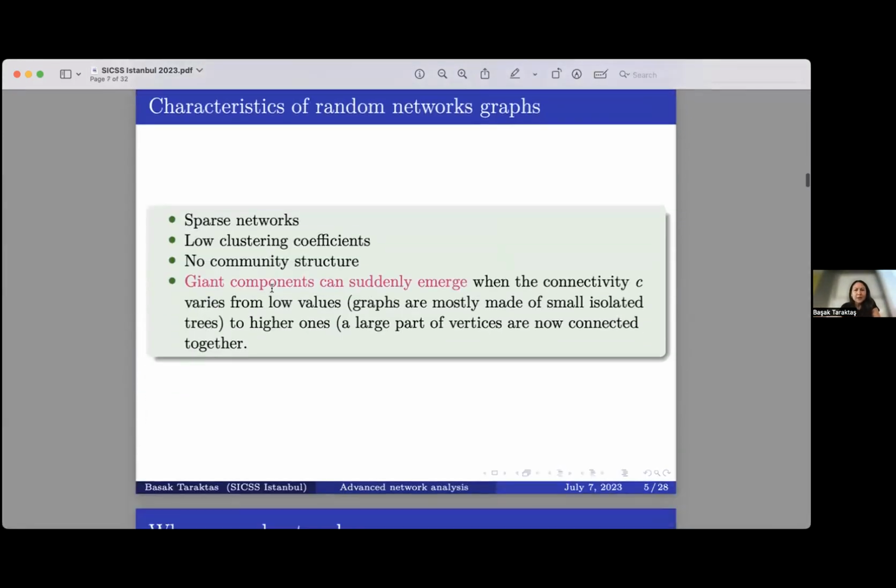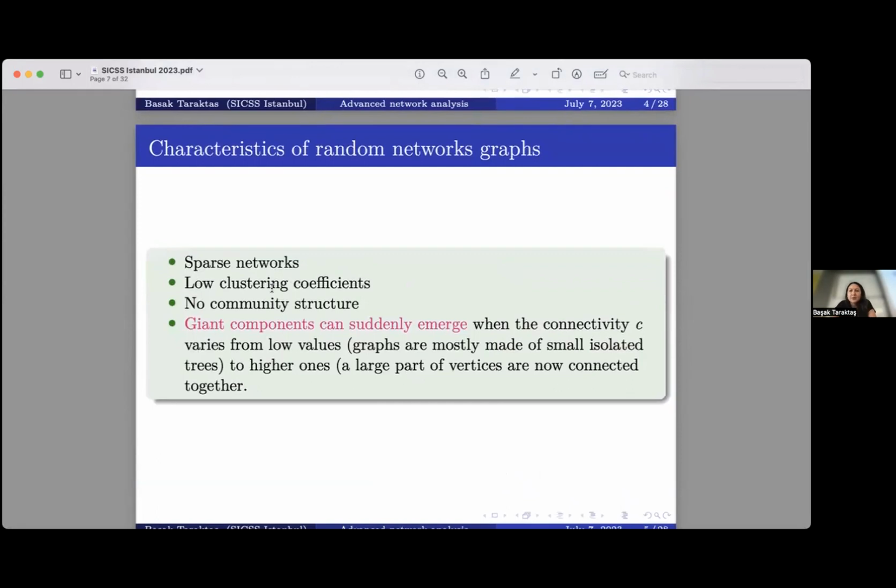So what are some characteristics of random networks and graphs? They mean the same thing, but anyways. So they tend to be sparse, they tend to have low clustering coefficients. They don't have a community structure, and it's going to make more sense in a second what this means. And when you start forming the graph, at some point you will see a giant component.